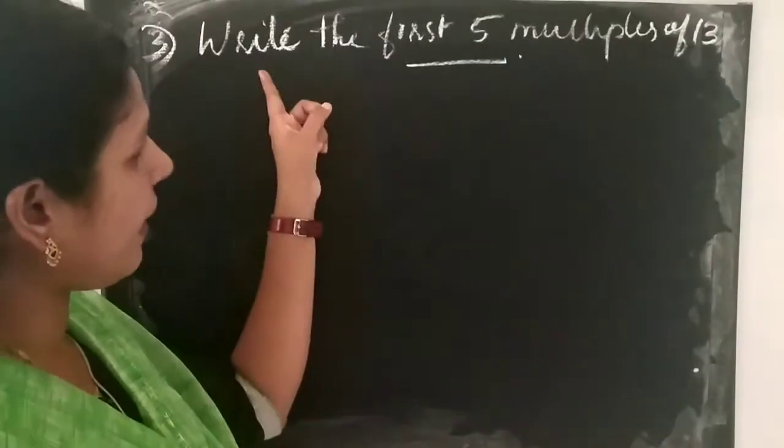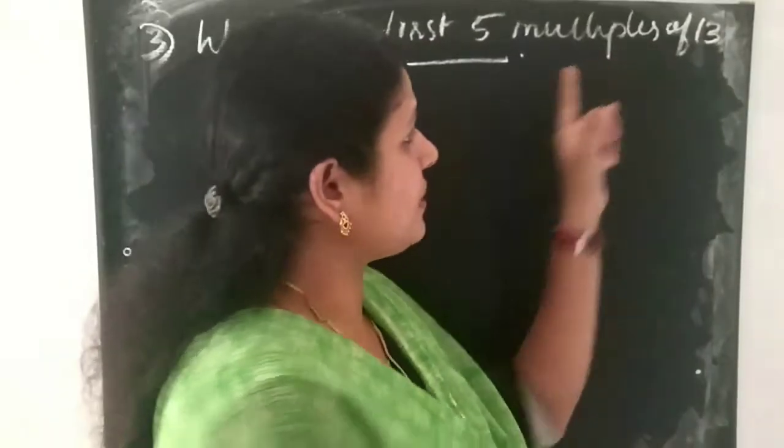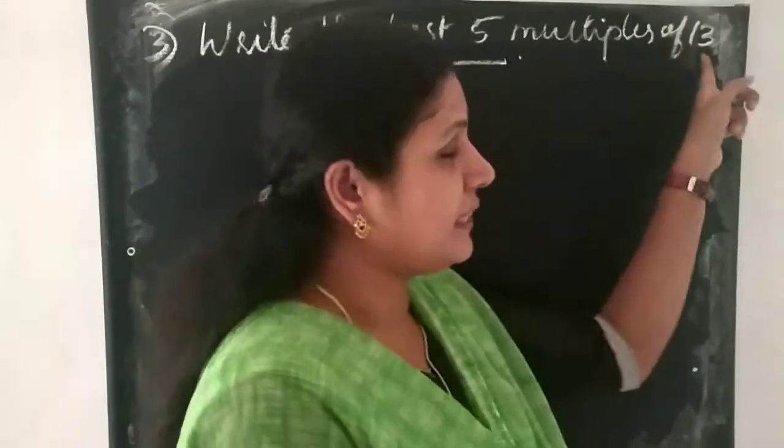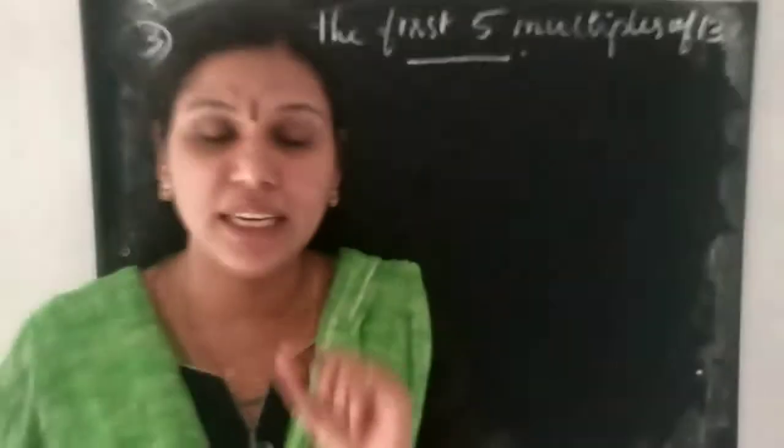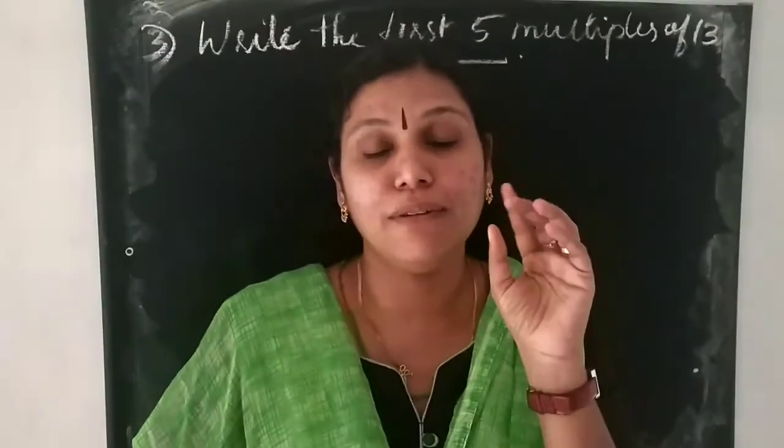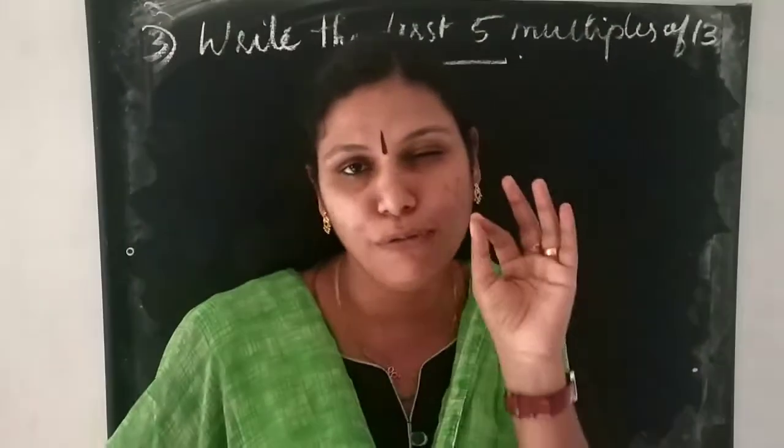Okay, understood? Now our third question is, write the first 5 multiples of 13. We have to find the first 5 multiples of 13. We only need 5 multiples.